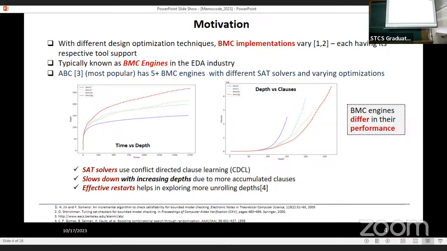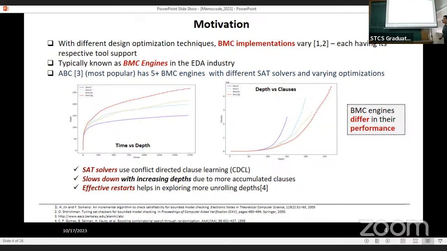There have been multiple observations which show that if you restart the SAT solver, just forget about most of the conflict clauses, restart the SAT solver from scratch, it improves performance by orders. So you compare a SAT solver running for 2 hours versus a SAT solver restarted in between. Restarts essentially means that you forget about the conflict clauses. And that has given better orders of performance.